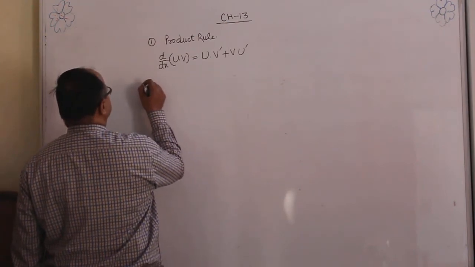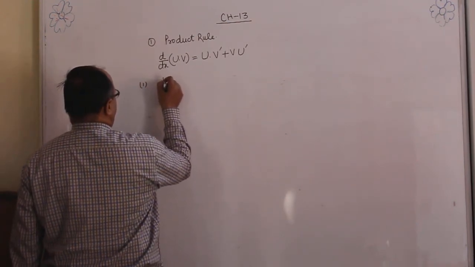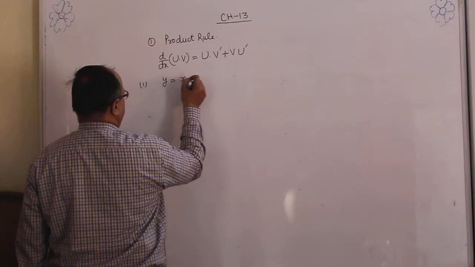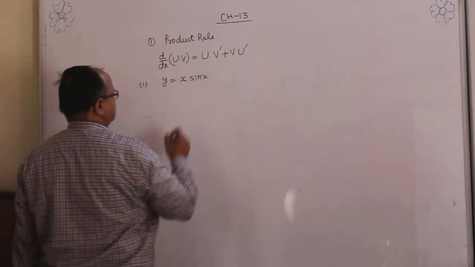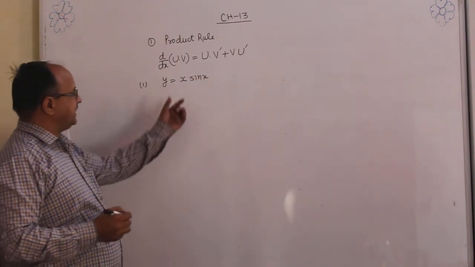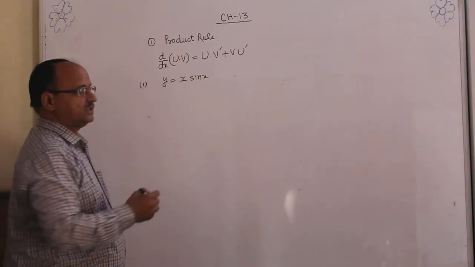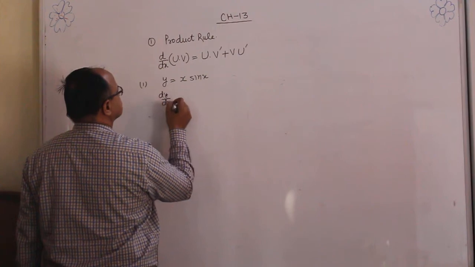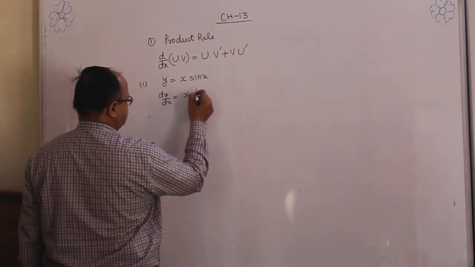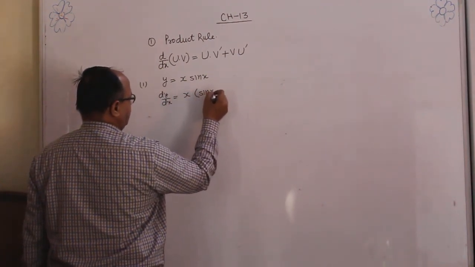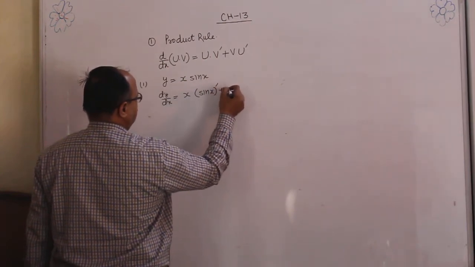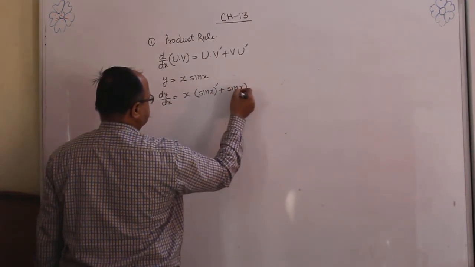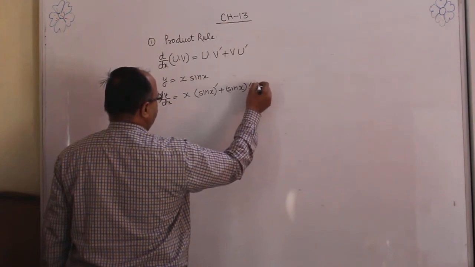For example, y is equal to x sin x. Find the derivative of this function using the product rule. dy by dx: first function as it is, derivative of sin x, plus sin x as it is, derivative of x.